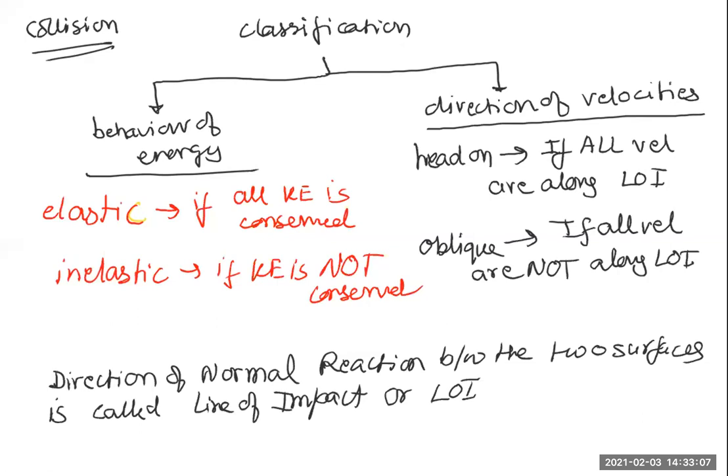A subset of inelastic collision is something called a perfectly inelastic collision. Can you guess what this will be? Elastic would be an ideal that does not really exist in real life. What would a perfectly inelastic collision be?